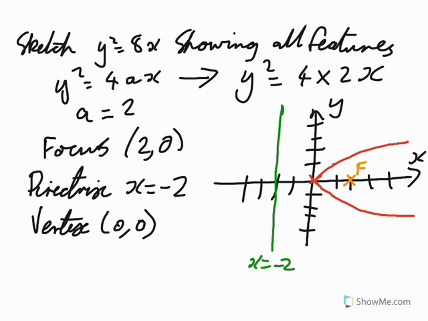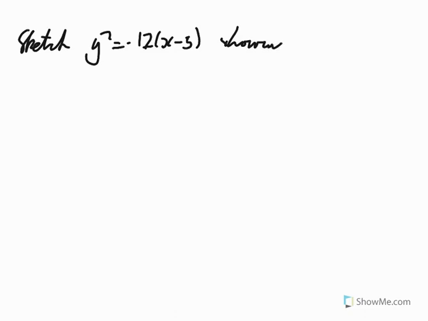All drawn. Okay, so let's look at one where we have some translation. Sketch y squared equals negative 12 times x minus 5, showing all features. In this case, when we look at this, we find that h equals 5 and k equals 0.